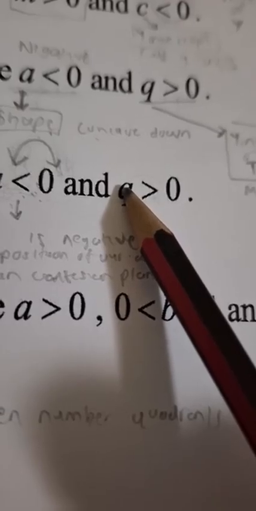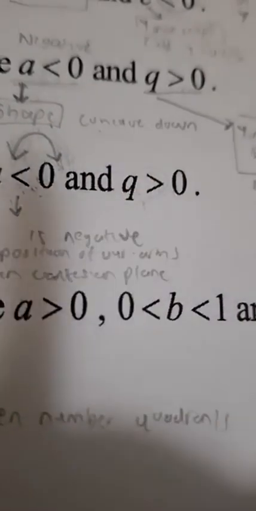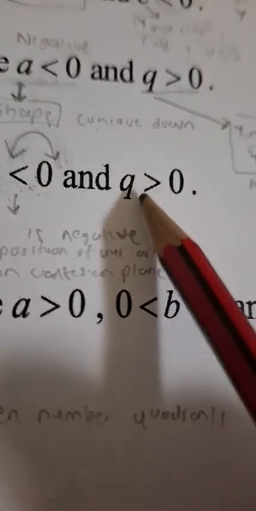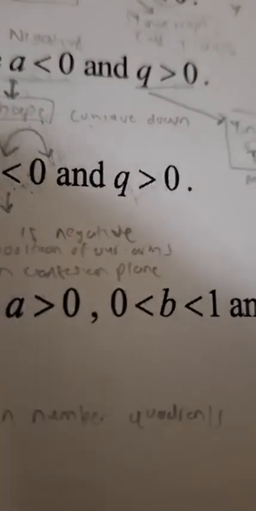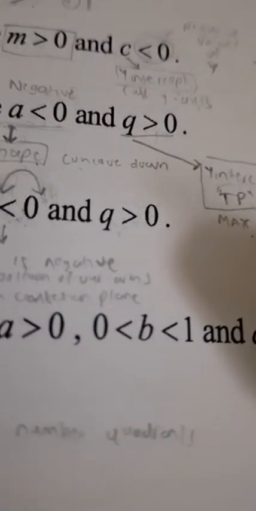No, don't worry, I'll explain just now, OG. The second and the fourth quadrant, I'll explain just now, when I draw the rough sketch. Okay, q greater than 0, shift. So remember the q value speaks to the horizontal asymptote.